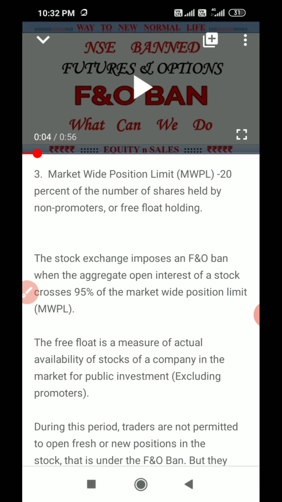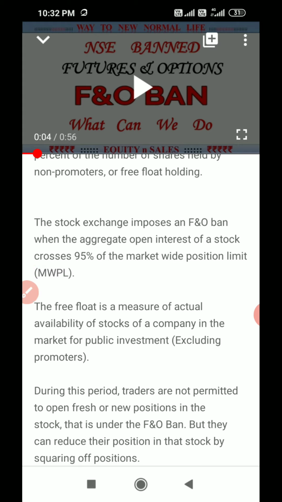The stock exchange imposes a ban when the aggregate open interest of a stock crosses 95% of the market wide position limit. In simple words, if the open interest crosses 95% of MWPL, they will impose a ban to avoid speculation. Otherwise, many people will buy a lot of shares in futures and options, and then the entire market will lose control.